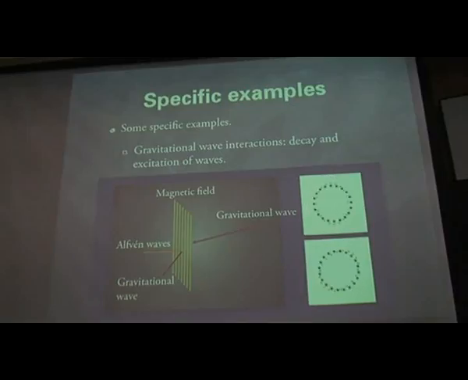If you look at the equations in full, at a nonlinear level, you will have a parametric exchange of energy between Alfvén modes and gravitational wave modes. So you can do some simulations of such simple systems and see how the energy is transferred, even in the linear limit, just looking at linear waves.